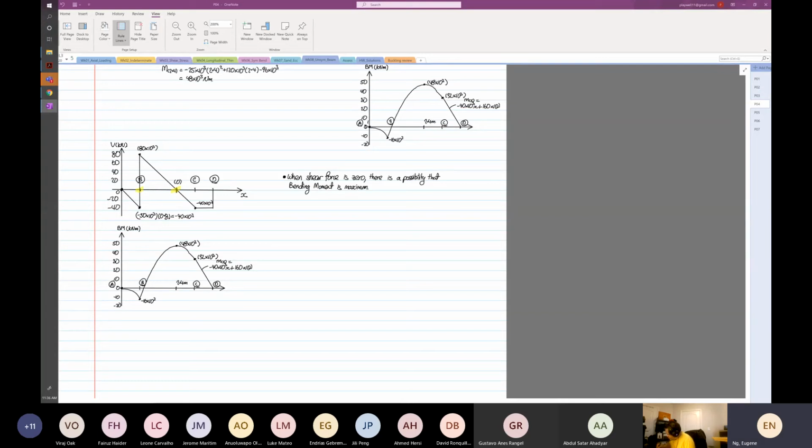The emphasis over here, I highlight, is there's a possibility. So you have to check, because in this case, we have 2 points that the shear force crosses 0. We have to check which is the maximum.